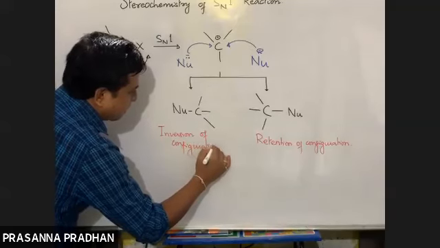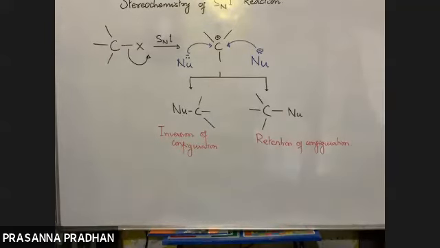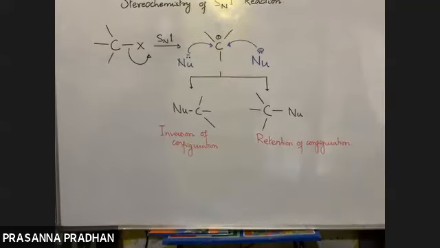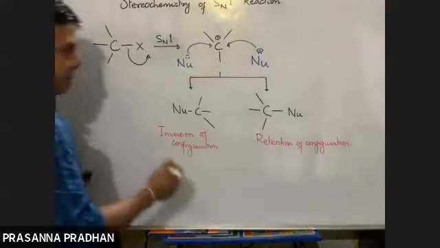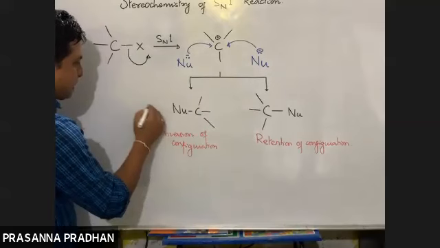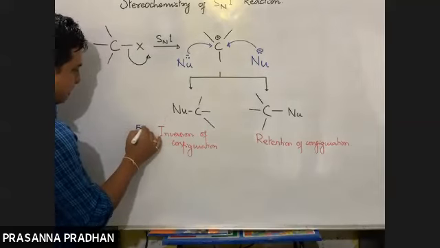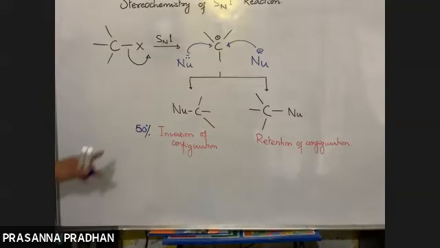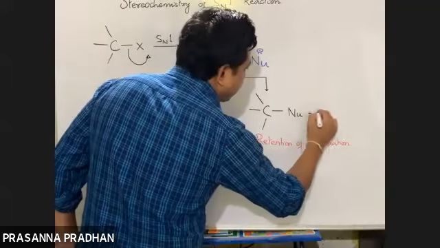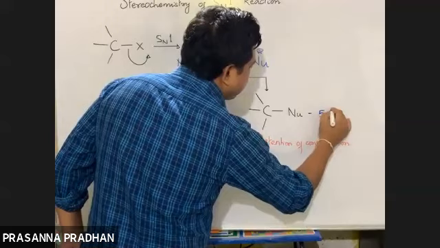So there are two products formed: one formed with retention of configuration, and the other formed with inversion of configuration. They are formed in what amount? 50% of products are formed with retention of configuration, whereas 50% are formed with inversion of configuration.